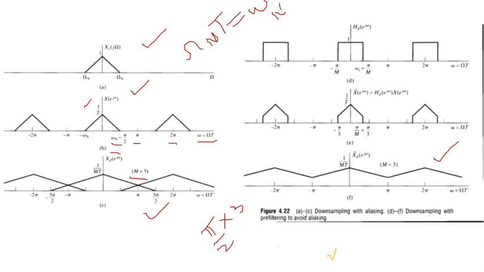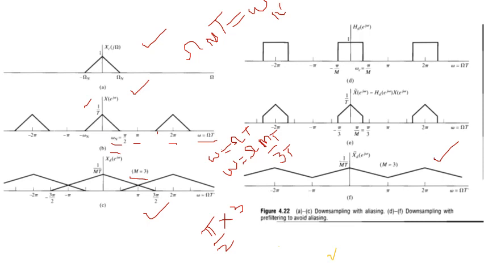Previously we had omega equal to capital Omega t, with no downsampling at all, but now we have omega equal to capital Omega into mt, and the value of m is 3. So wherever we have t, we will multiply it with 3. So now this point will come to 3 pi by 2.